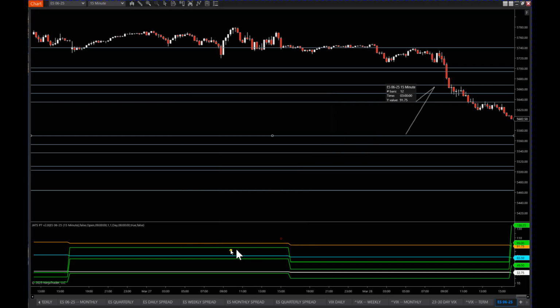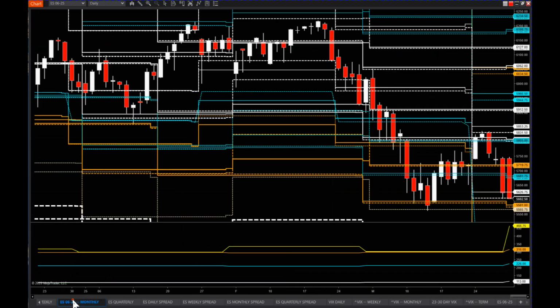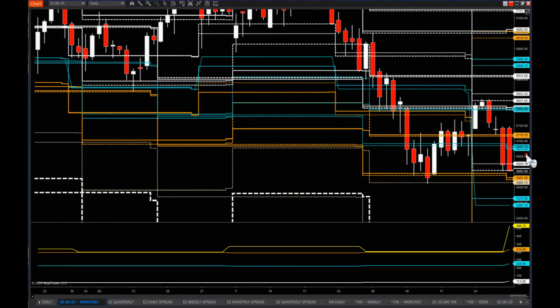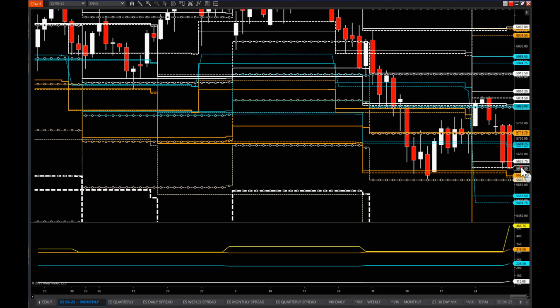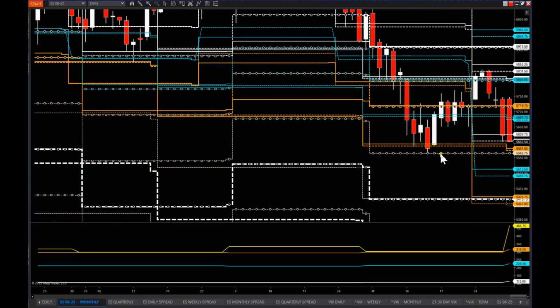5570 on our monthly contract is right here at the bottom. So we'd be testing the bottom. That's why it's going to be such a strong level to trade, right? We're going to be right back at that 1.25 of the monthly range.